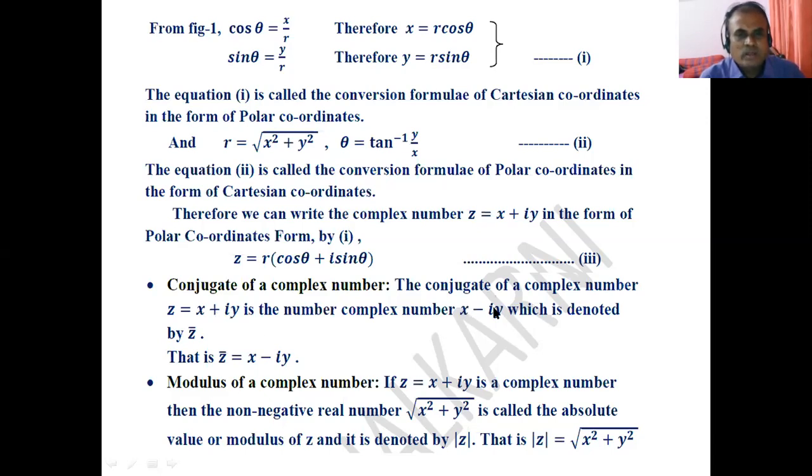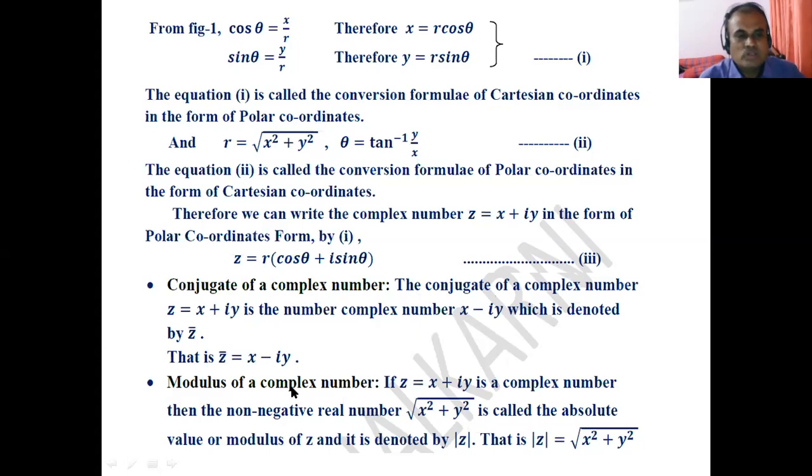And suppose this is a complex number, x minus iy, its conjugate value is x plus iy. So this is the conjugate of a complex number, denoted by z bar, and z bar equal to x minus iy. So the conjugate of complex number x plus iy is z bar equal to x minus iy.